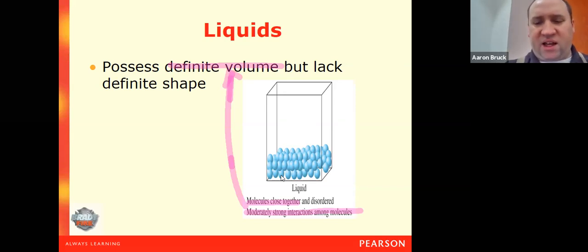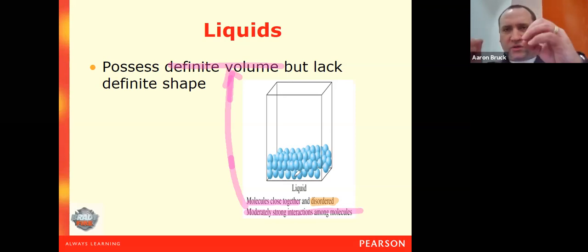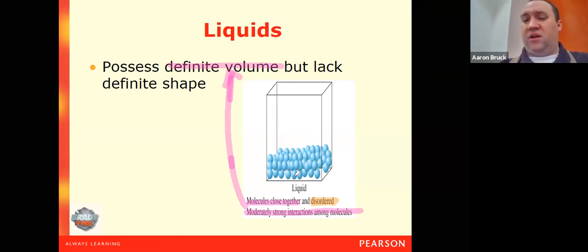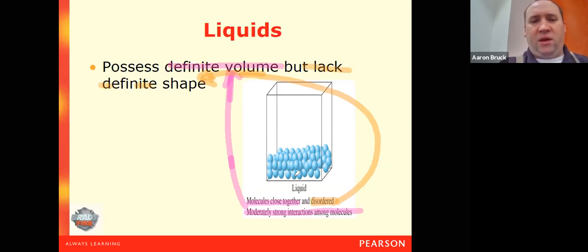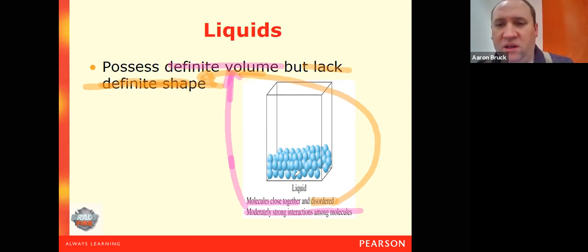But notice this time that we have disorder. And that disorder, notice how now the molecules are no longer lined up in those nice even rows. They're kind of a little bit more free-form. They're a little bit more on top of each other. That disorder costs the liquid its definite shape. Liquids do not have a defined shape as a result because they lack that order.